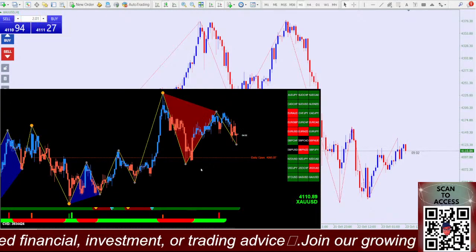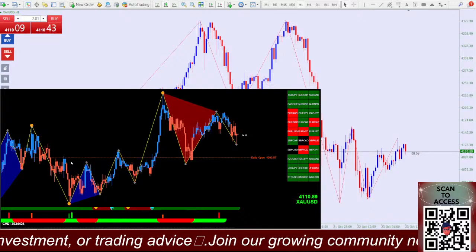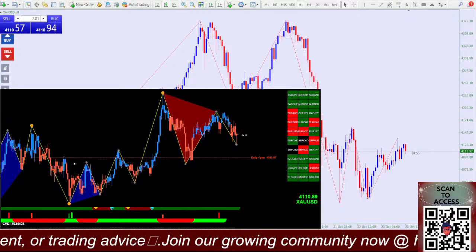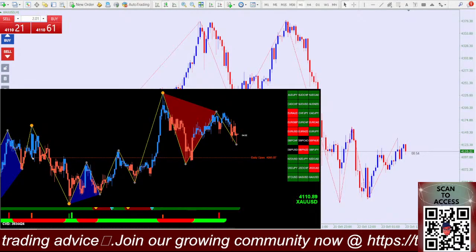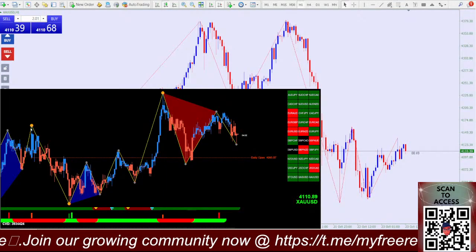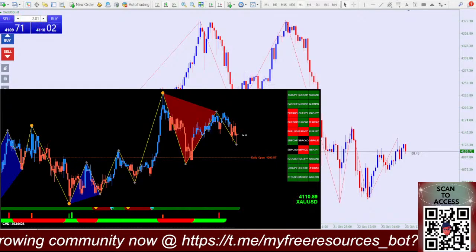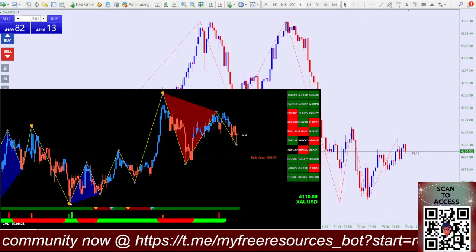Alright? Yeah. So let's look at gold. So gold had done two sides this morning at the break of the new trading day. This is what gold did. Went up, broke down, formed some patterns here.